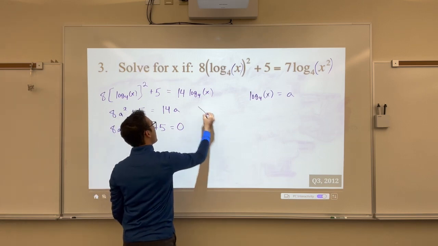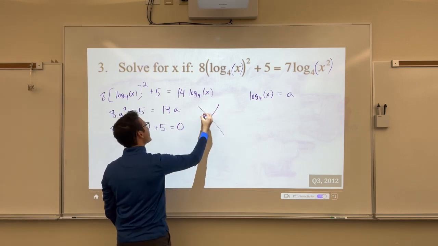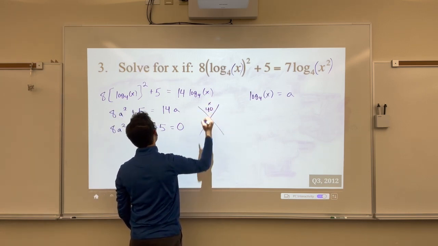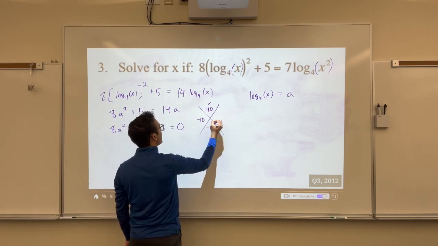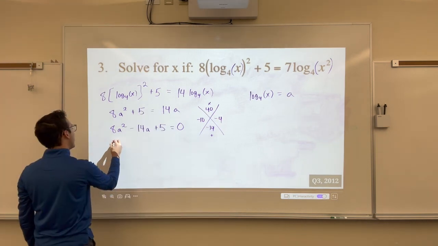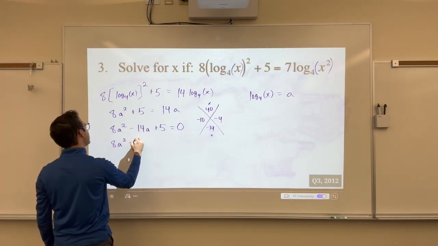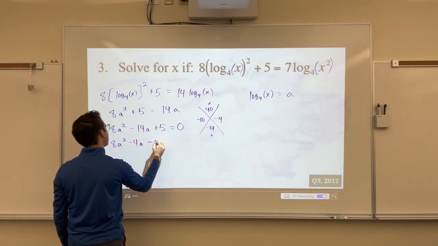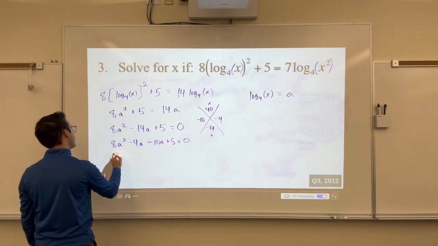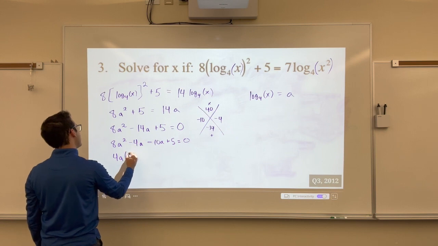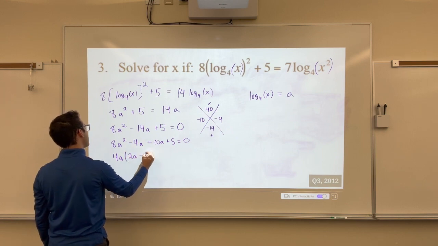From that point, we would want to factor. We want two numbers that multiply to 40 but add to negative 14, and that would be negative 10 and negative 4. So we get 8a squared minus 4a minus 10a plus 5 equals 0. The common factor is 4a, and then we have 2a minus 1.